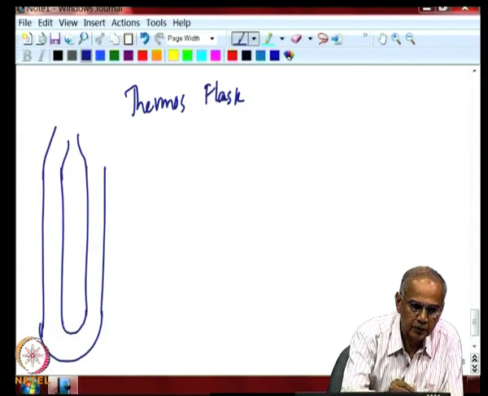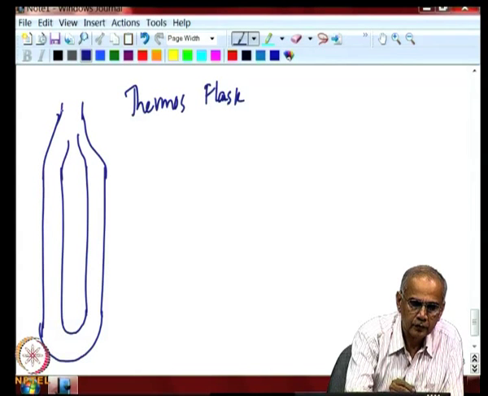All of you have used this Thermos Flask for carrying hot coffee, and of course, here is a cap.